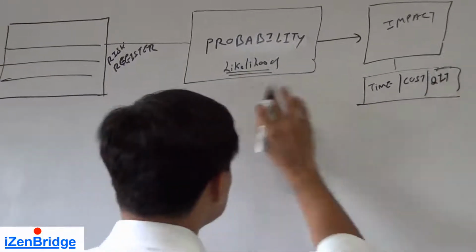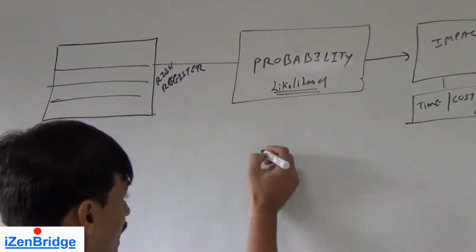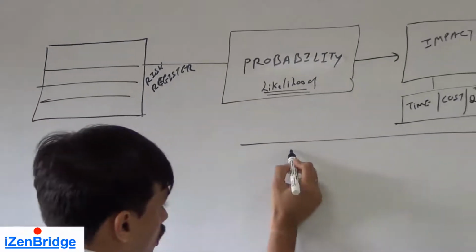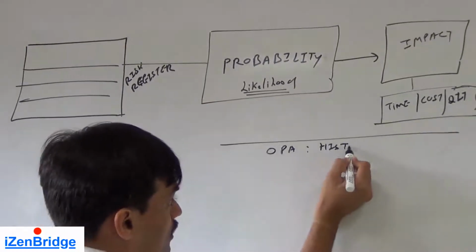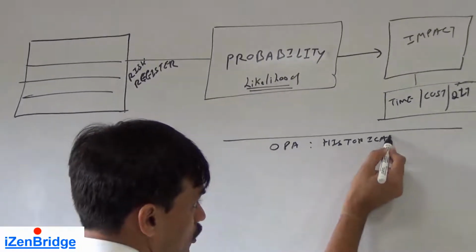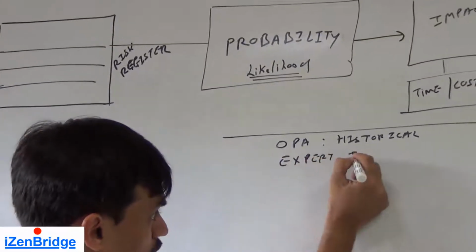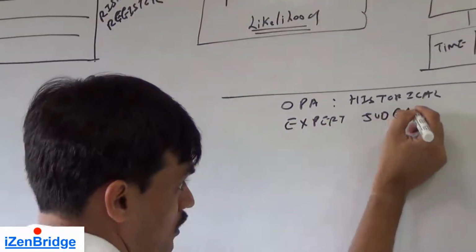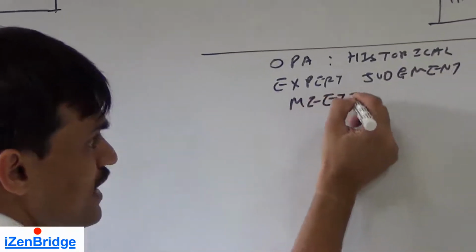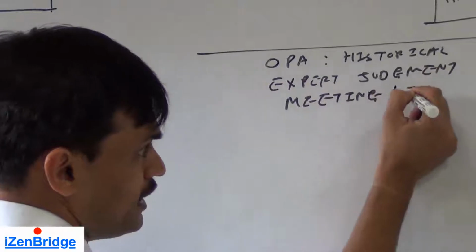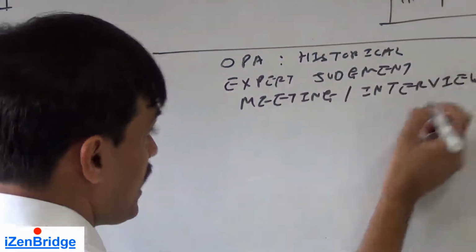Now, how do we do the assessment of probability and impact? We can look at our organization process assets and historical data. We can use judgment. We can conduct meetings and interviews with the various stakeholders and identify the possibility of this event happening in real life.